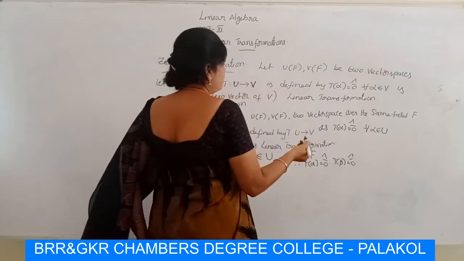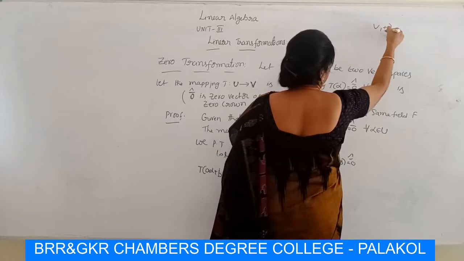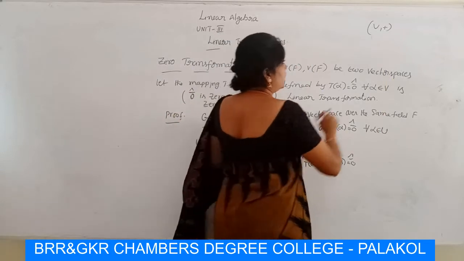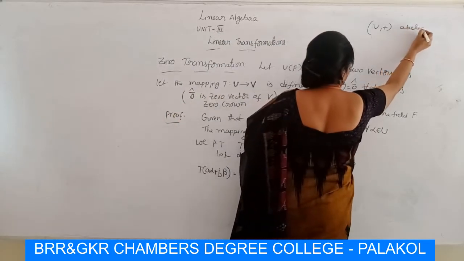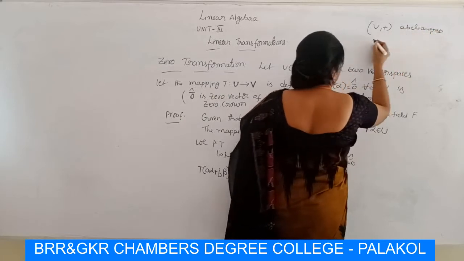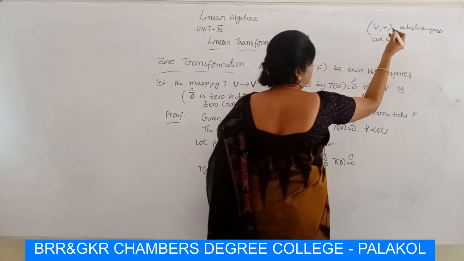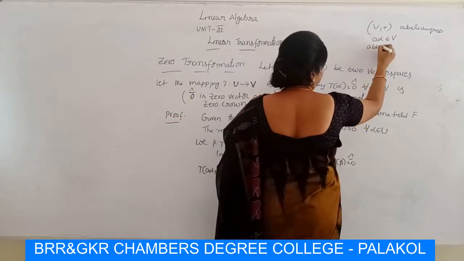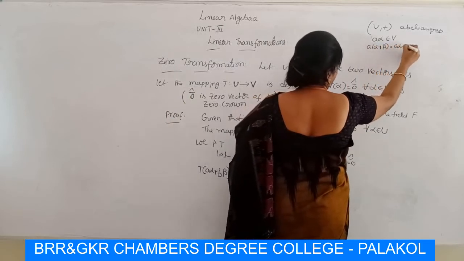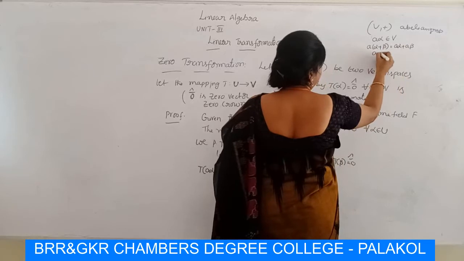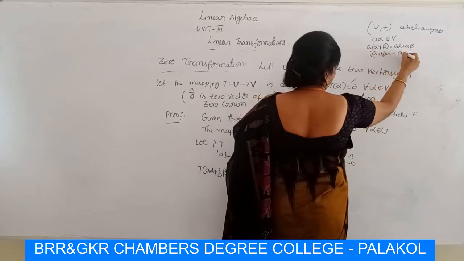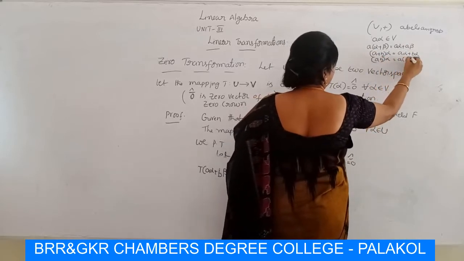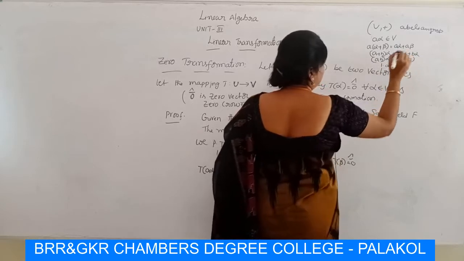First of all, V comma plus is an abelian group, and scalar multiplication A alpha belongs to V, and four postulates have: first one, A into alpha plus beta is equal to A alpha plus A beta, and A plus B into alpha is equal to A alpha plus B alpha, and AB into alpha is equal to A into B alpha, 1 into alpha is equal to alpha.